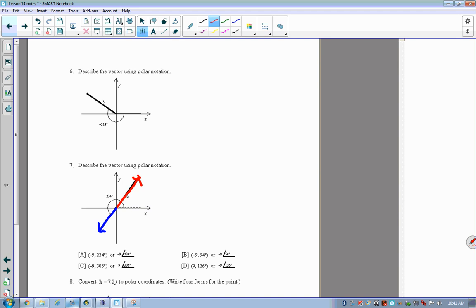Now, we know that there's no negative distances, but that's what we're referring to as the opposite of it. So it's negative 9. Because we're working with our blue line, let's use a blue number, negative 9, and then we need our coordinate. We're still going from here to here, which is 234 degrees, and we know that because they tell us. Do we have any questions about that?